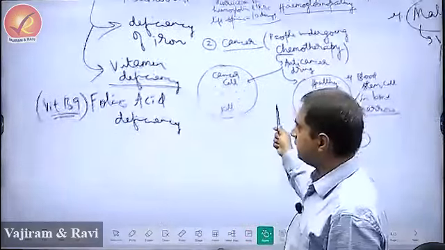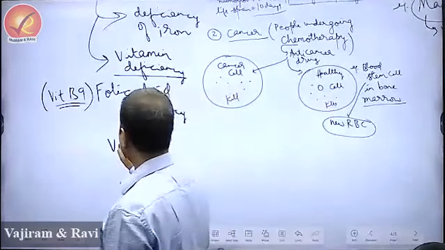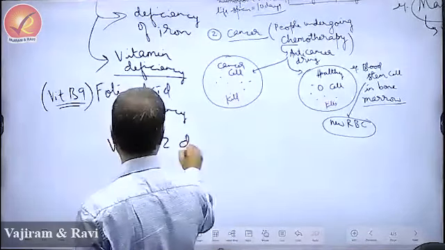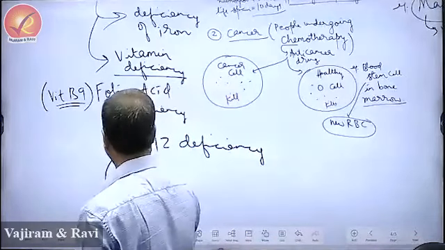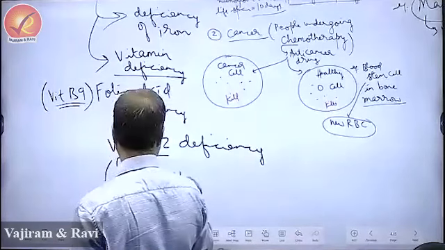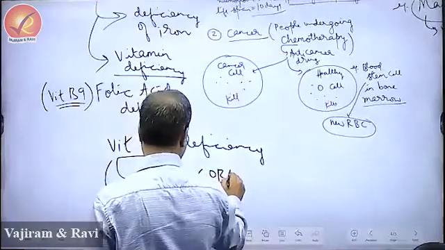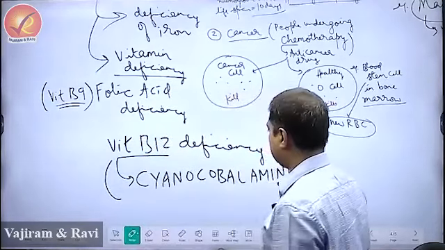So considering that aspect, so far we have nutritional deficiency, protein malnutrition, iron deficiency, vitamin deficiency, folic acid deficiency. There are also other vitamins like vitamin B12 deficiency, and for B12 you can write the scientific name, cyanocobalamin deficiency.